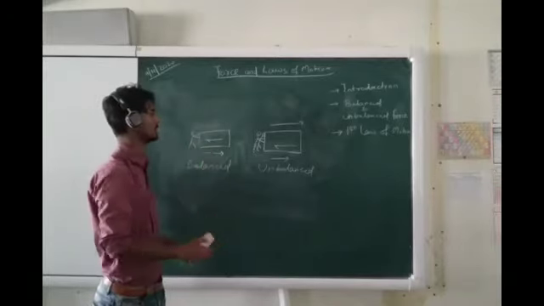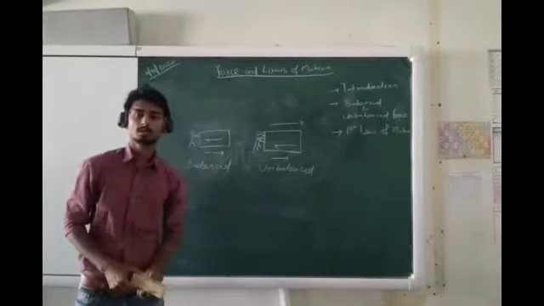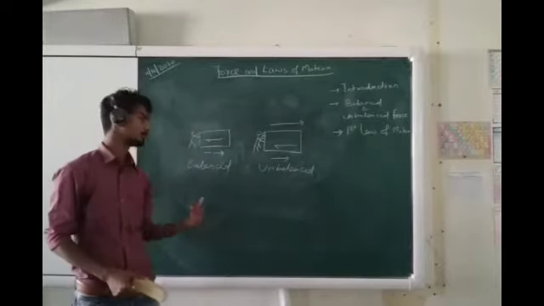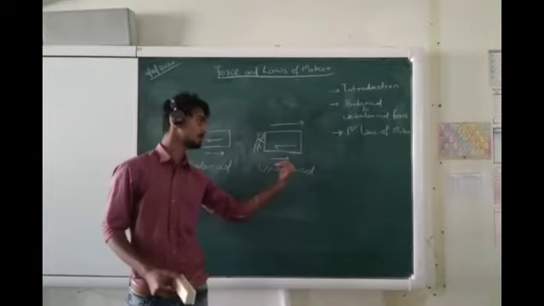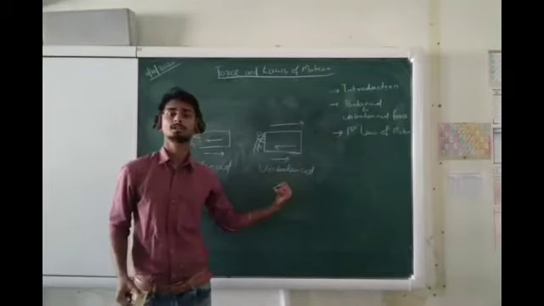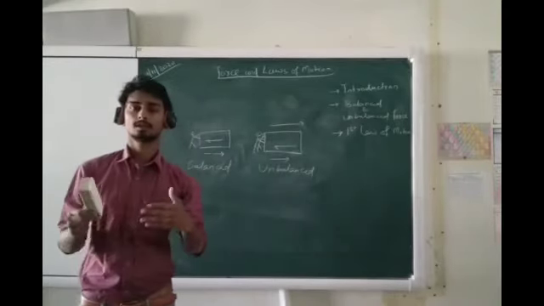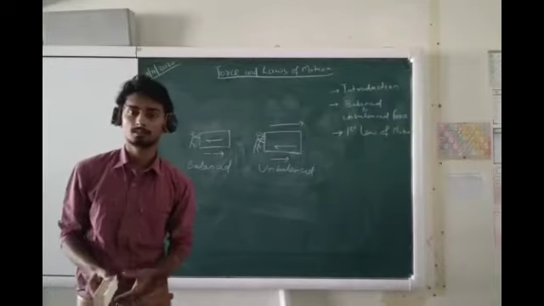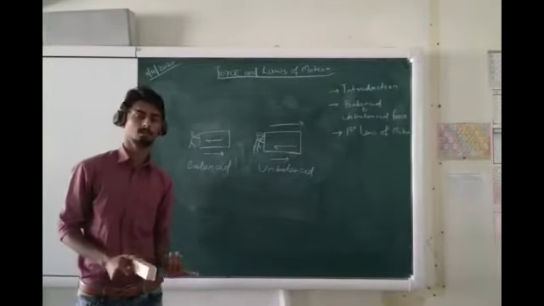So in short, we can say the resultant force acting on a body will be zero in case of a balanced force, and the sum of all the forces acting on a body will not be zero if it is an unbalanced force. So if a body moves, or if any change in position occurs in a body, it just means that there must be some unbalanced force acting on the body.